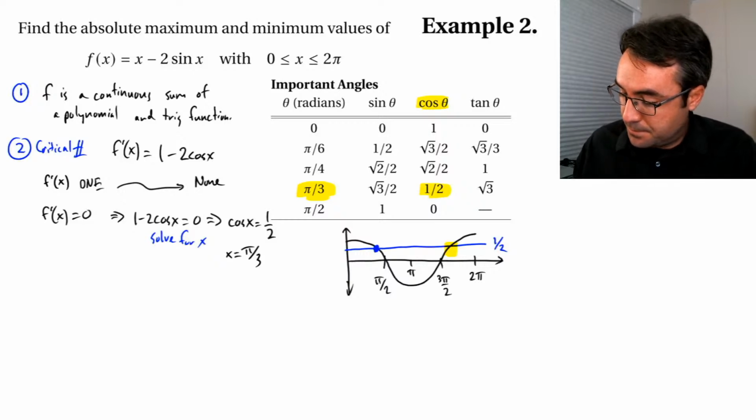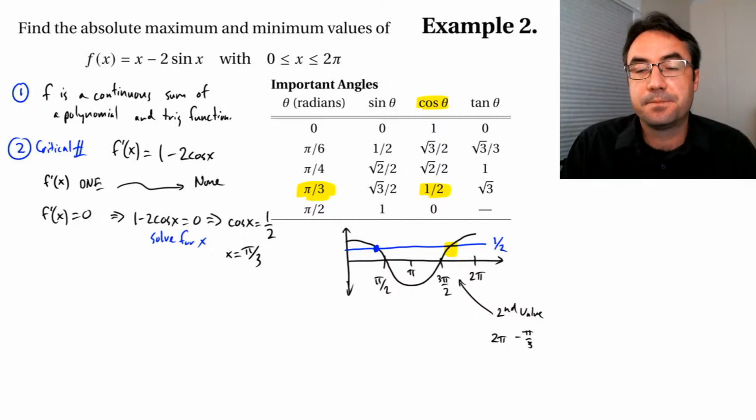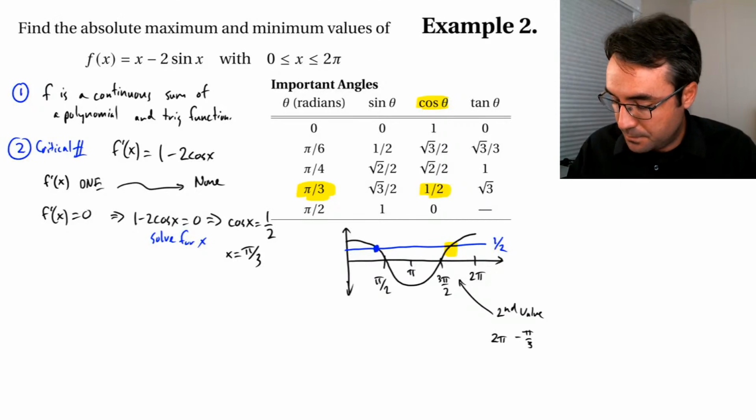Well, that second value is 2 pi minus pi over 3. So our second critical number here is 5 pi over 3.